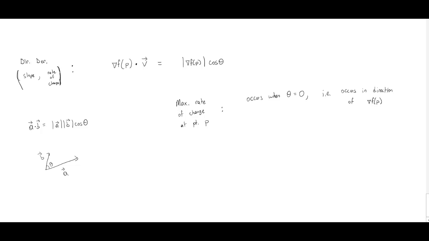And then this actual maximum rate of change, okay? Well, so when theta is 0, the cosine of theta was equal to 1. So the directional derivative would just equal the magnitude of the gradient.